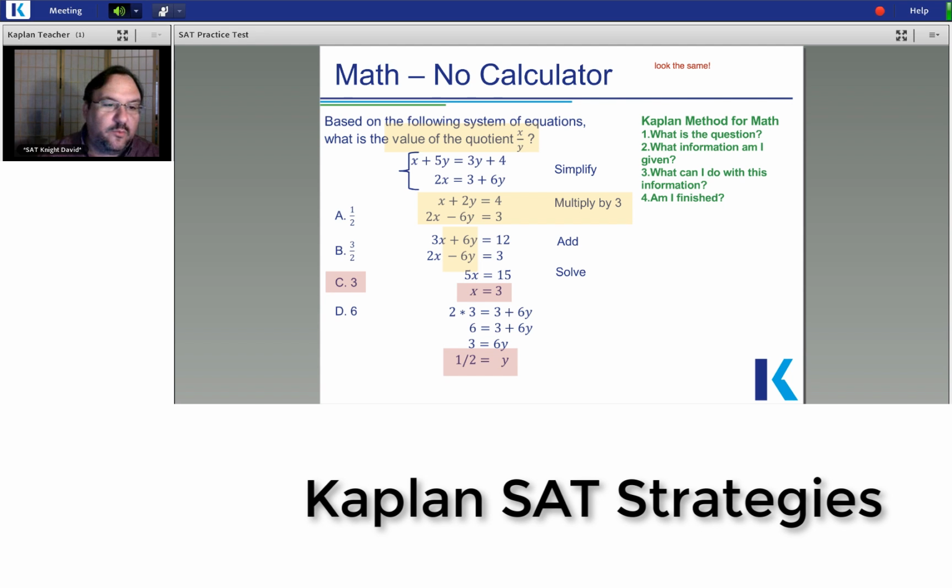Look at this. y equals 1/2. It's a double trap. You guys are catching on so fast. What is the question asking? The question was asking for x over y. So x, trap. y, trap. We actually have to do one more step and get D, which is the answer choice.